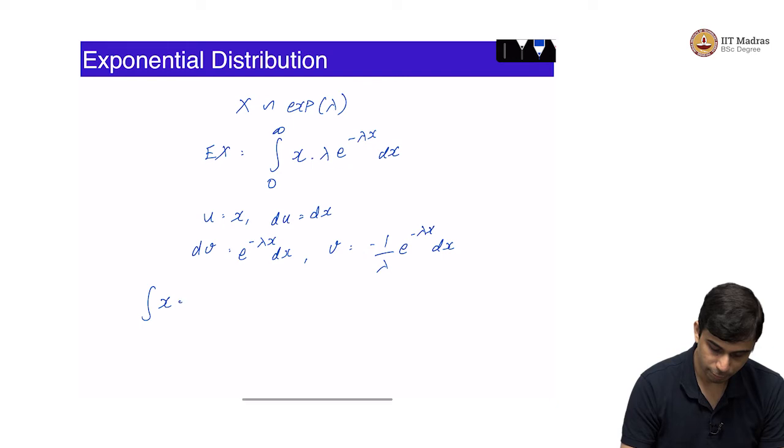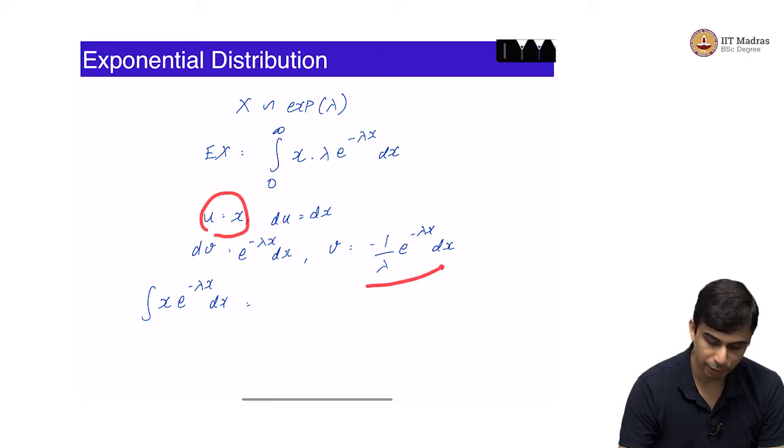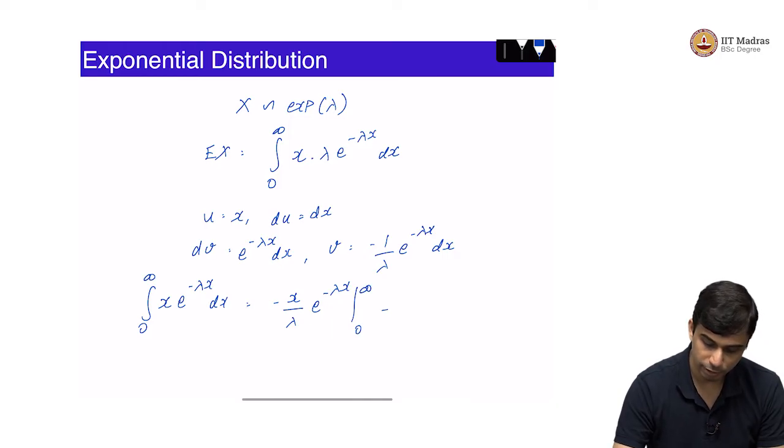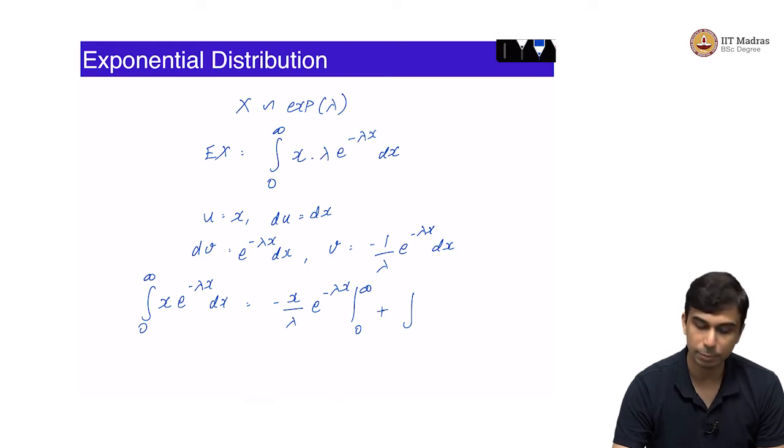Integral x e power minus lambda x dx is equal to uv, u is equal to x, v is minus 1 by lambda e power minus lambda x. So, that would be minus x by lambda e power minus lambda x, within the limits 0 to infinity, minus integral v du, v would be minus 1 by lambda e power minus lambda x.